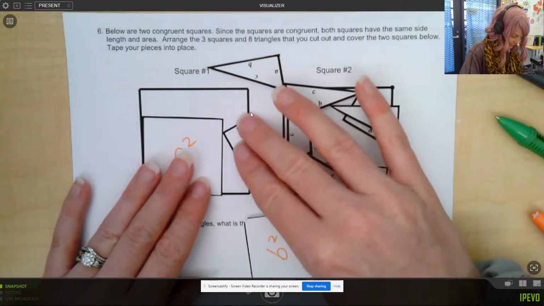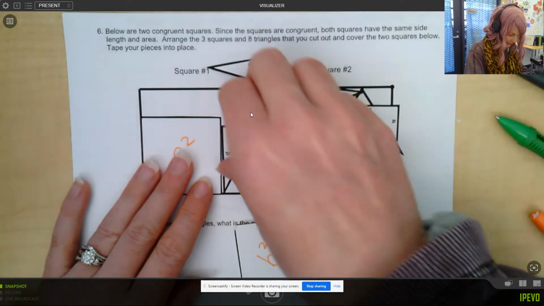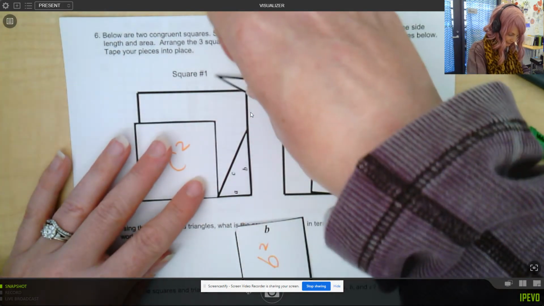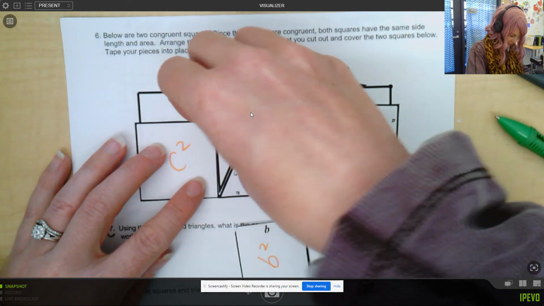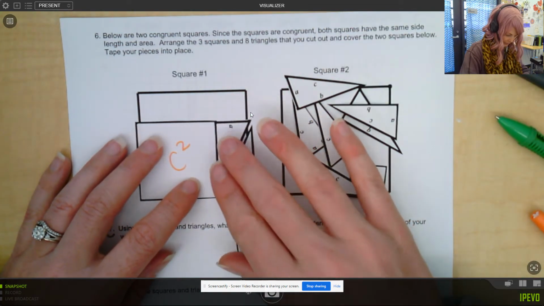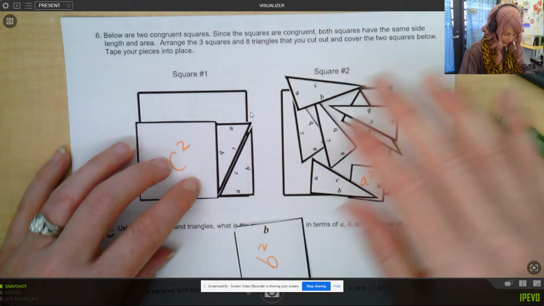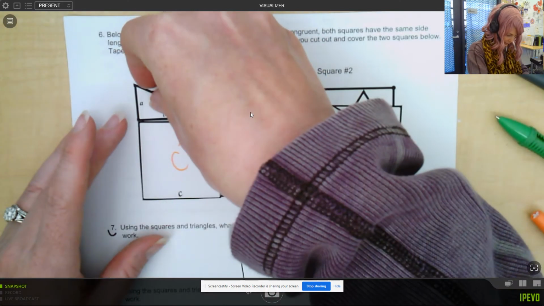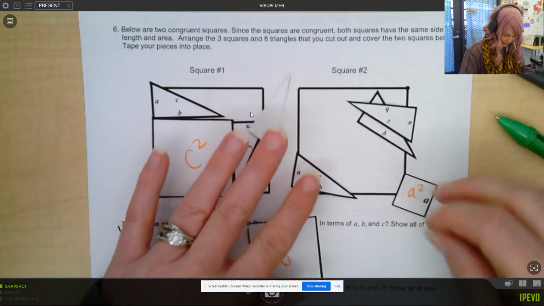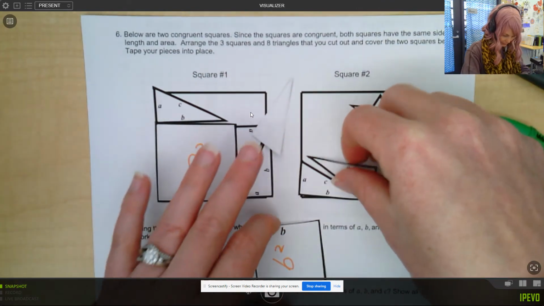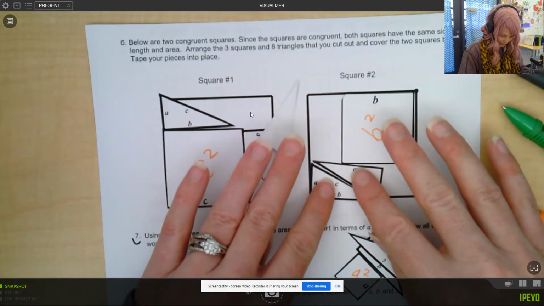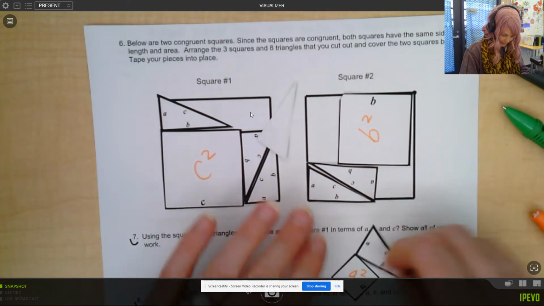So maybe we can fit these in here. So that they might overlap a little bit if you didn't cut out the sides. Let's see. How can we get these to fit? How can we get these all to fit in here?